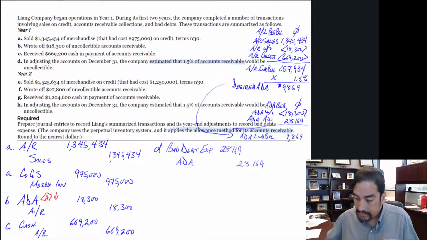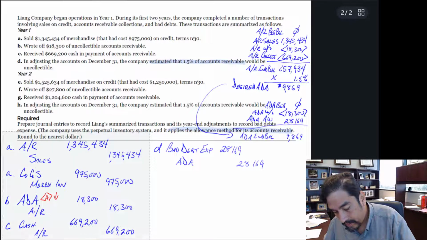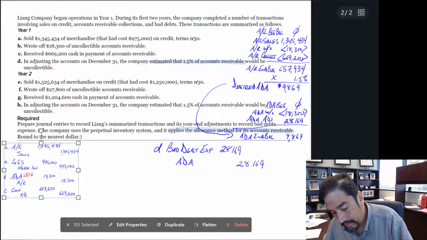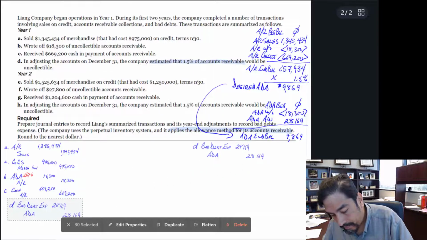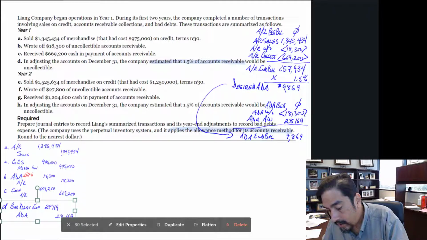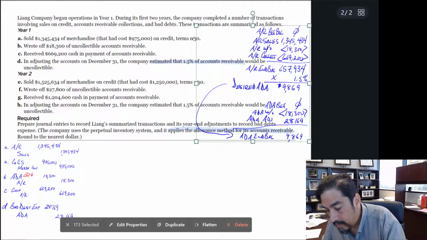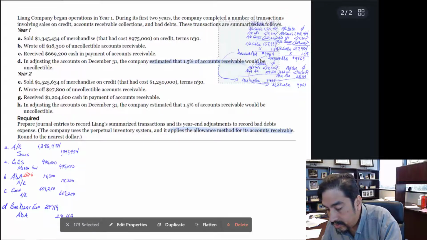That's year 1. I'm going to shrink this a little bit. Hopefully that's not too shrunken.